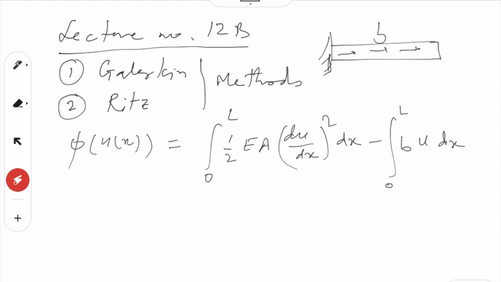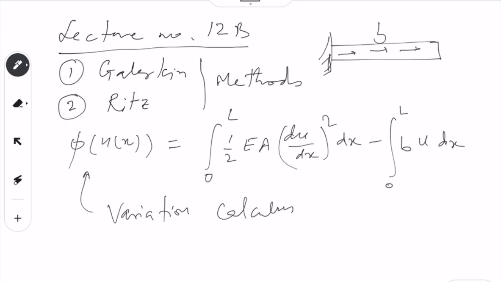Okay, so there is something called variational calculus, which actually talks about this kind of function. This is a function of functions.